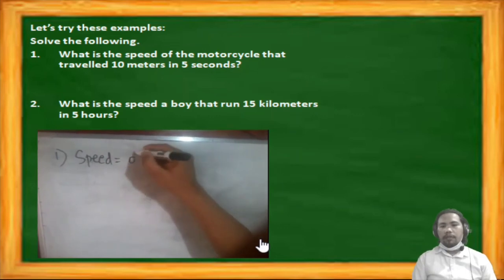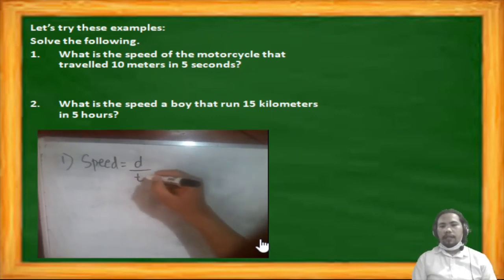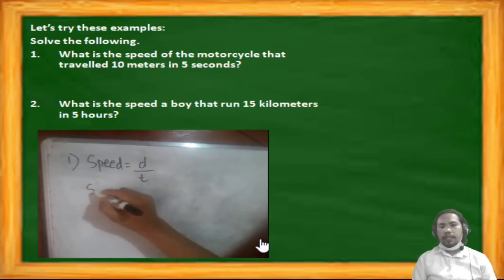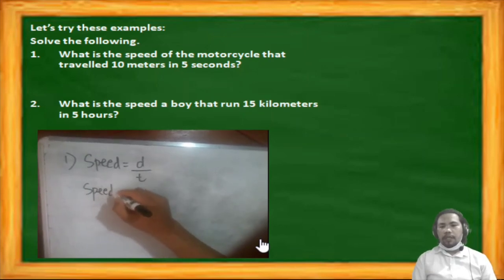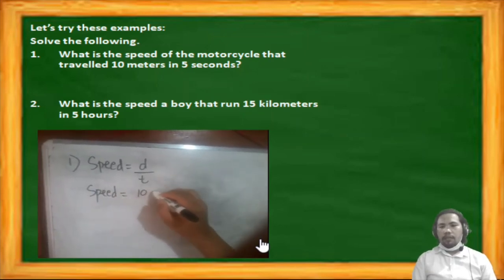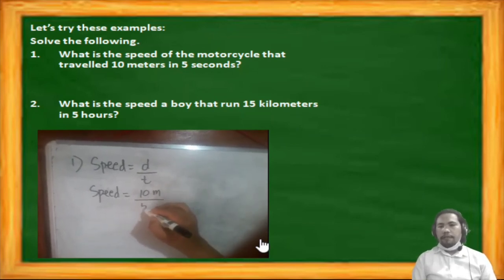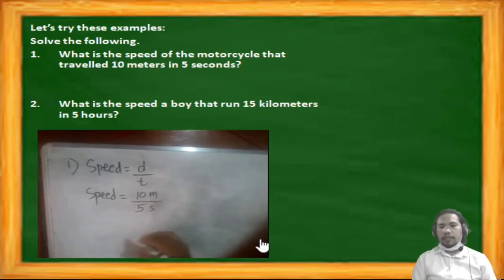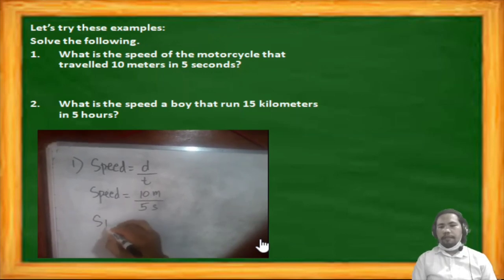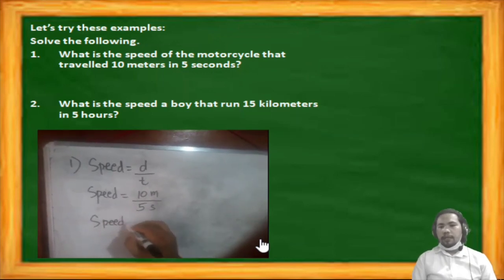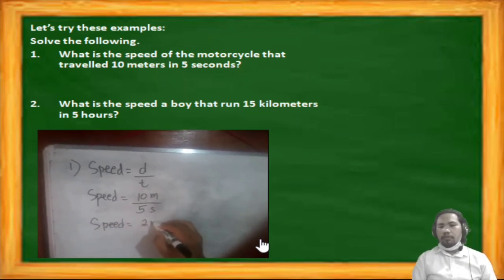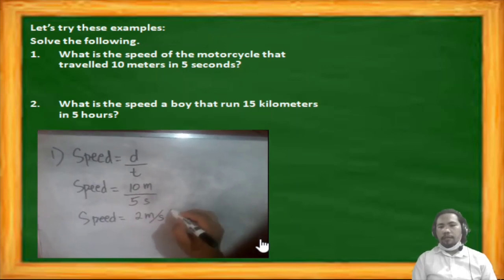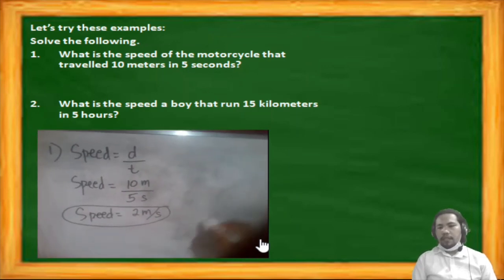Speed is equal to distance divided by time. So let us substitute. Distance is 10 meters and the time is 5 seconds. Speed is equal to 2 meters per second because 10 divided by 5 is 2.